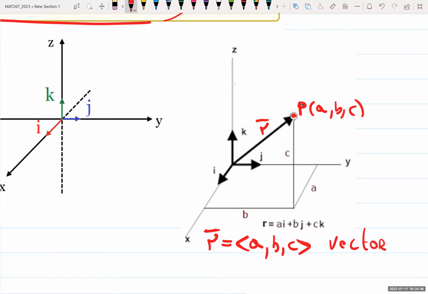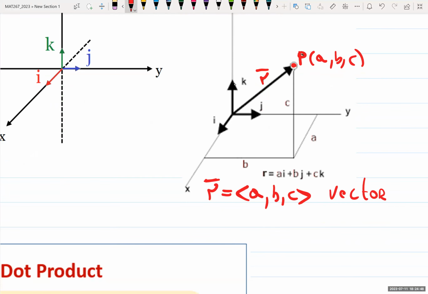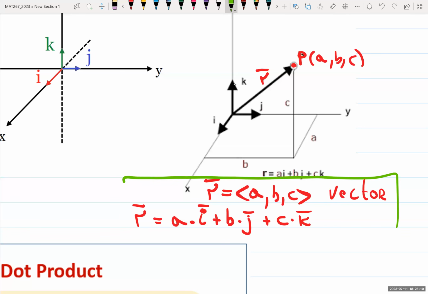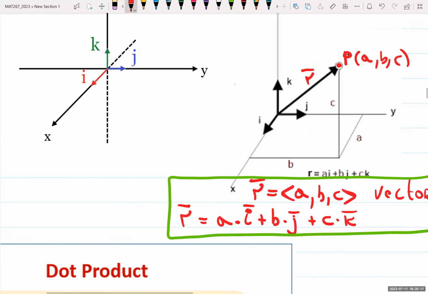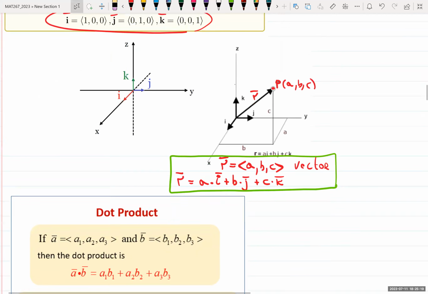But the cool point is now you can write it in a new form, called unit basis vector form. R is now a times i, and i is a vector, plus b times j, and j is a vector, plus c times k, and k is a vector. They mean the same thing. You will be given the same information in both forms, and you need to be comfortable between those two. That's why I wanted to cover this, because you will have stuff in both.